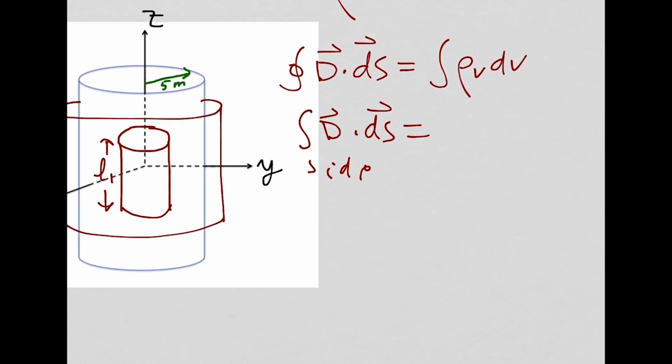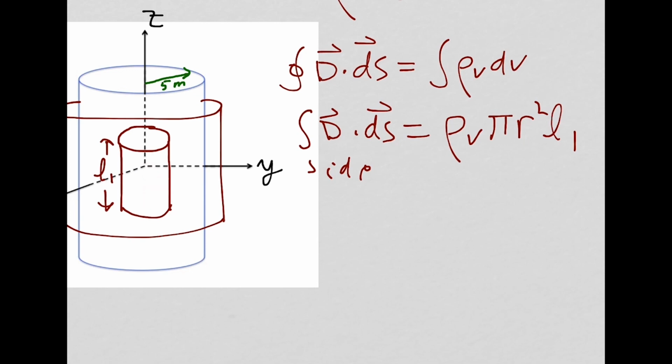And the integral of rho sub v dv is just the charge inside this cylinder. Since the charge density is uniform, the total charge inside that cylinder is rho sub v times the volume of that cylinder, which is pi rho squared L sub 1. Now, because of the form of D, on the side of the cylinder, D has the same value everywhere and is in the same direction as the outward normal.